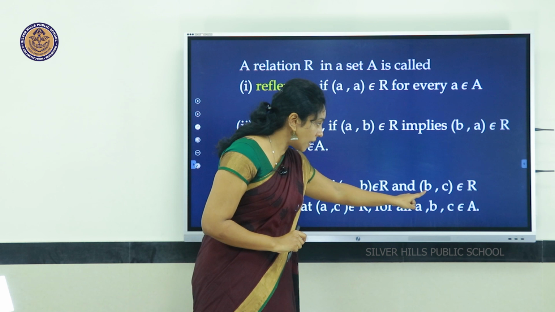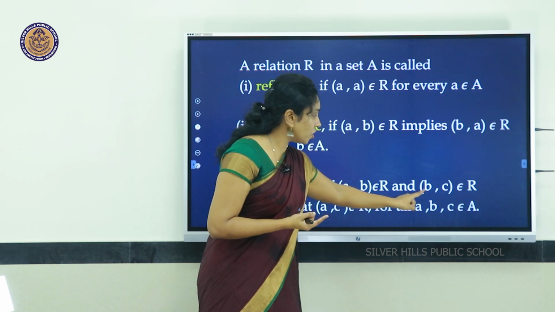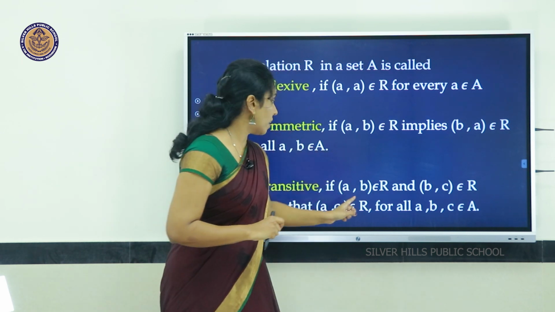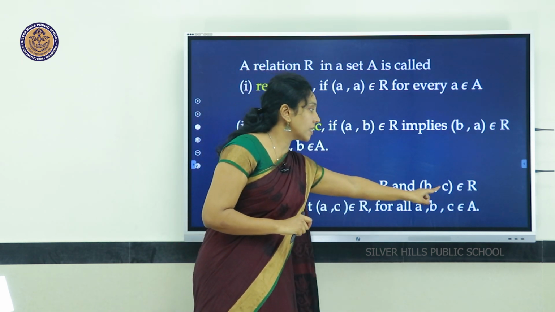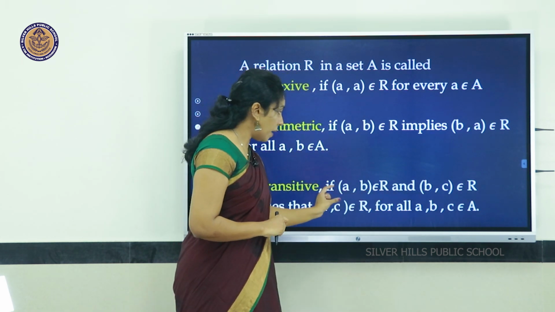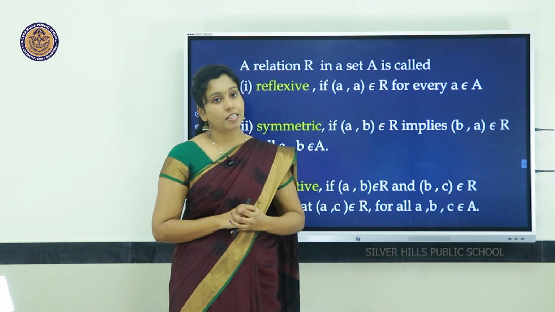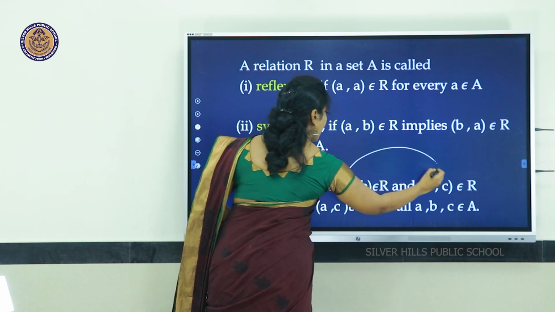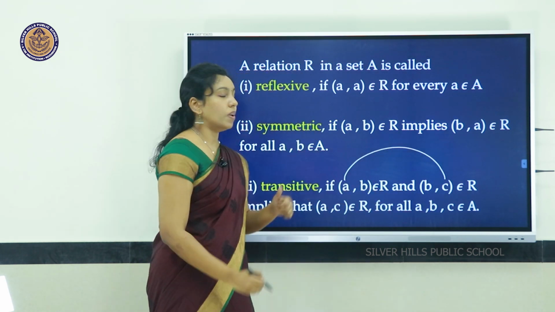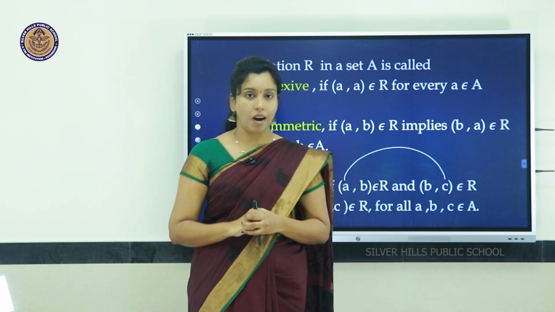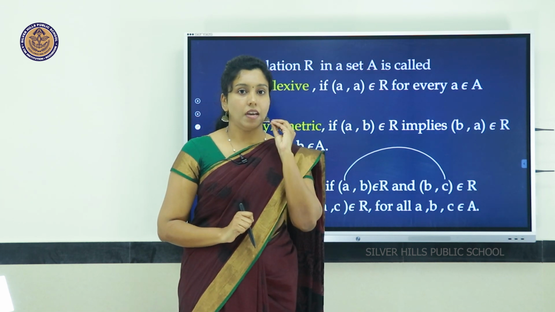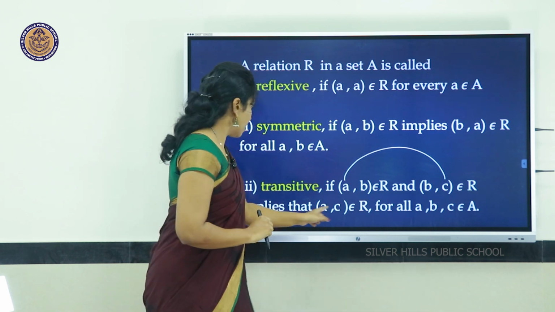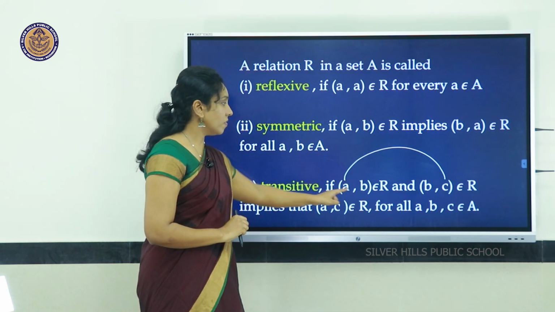So we must select a pair in such a way that the first element of the pair will be b. So I have selected (b, c). So if (a, b) and (b, c) are present in the relation, then the first and the last, that is (a, c), will be present in R. If a relation satisfies this condition, that is called a transitive relation.